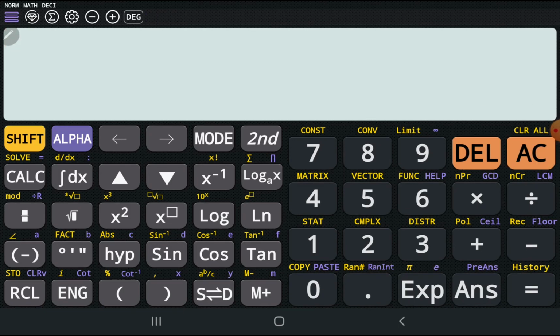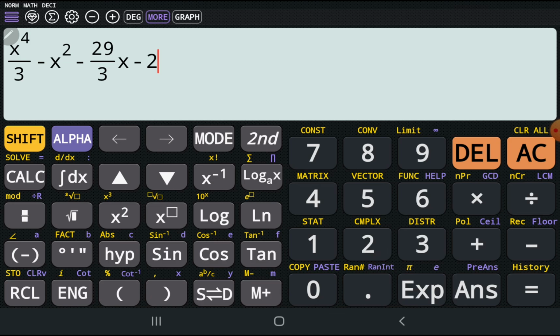If you are using your 991 ES, just press alpha and then the variable x: alpha x raised to 4 over 3 minus alpha x squared minus 29 over 3 alpha x minus 2.